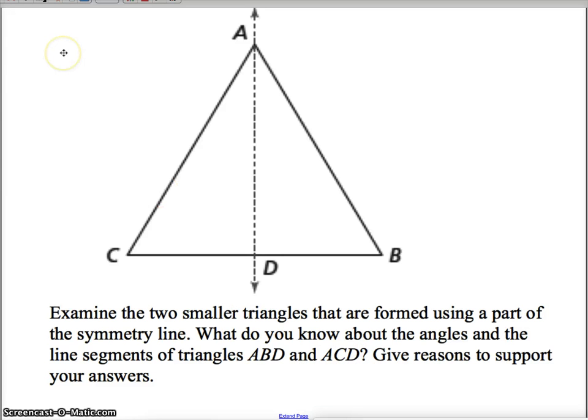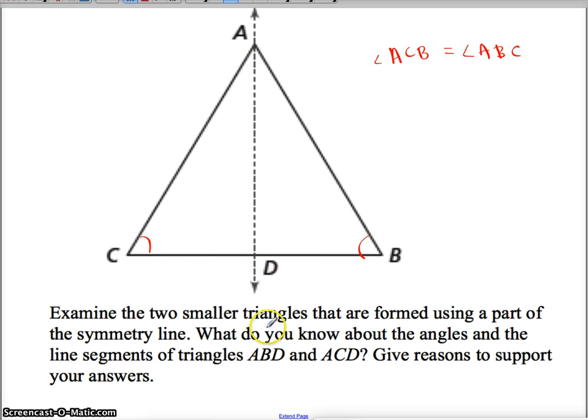Okay. Now, because it is an equilateral triangle, that means all the angles and all the sides are the same. So I know that angle C is equal to angle B. Okay, so I can say angle ACB is equal, or you can say congruent, to angle ABC.